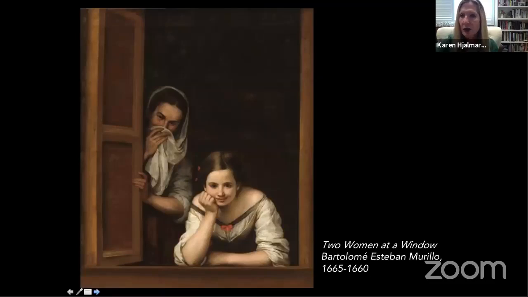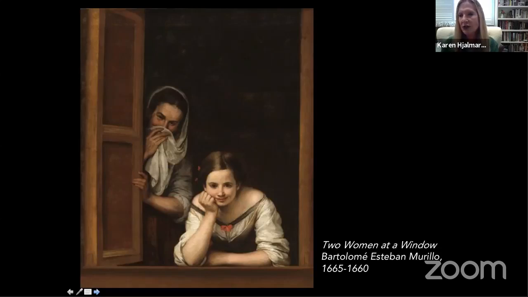Now, we don't have a lot of time, so I want to go through. I wanted to show you that Murillo is very much influenced by the Dutch as well as the Flemish painters. And he uses kind of a Dutch model here, not just the women, but the way she is hovered over the windowsill. And she is very sweet and very pretty and very kind of candy box-like.